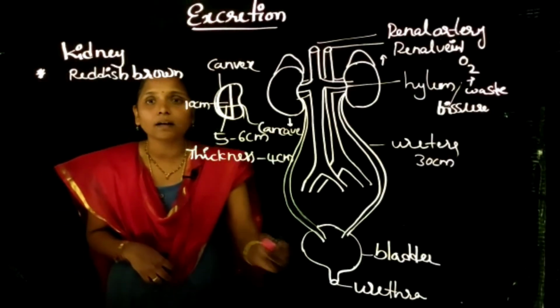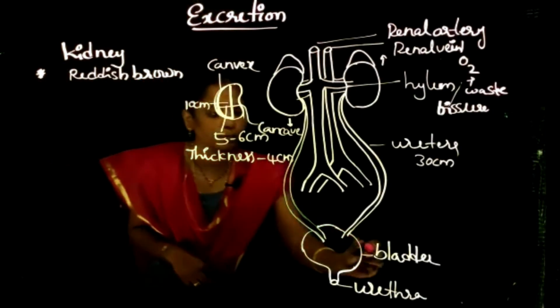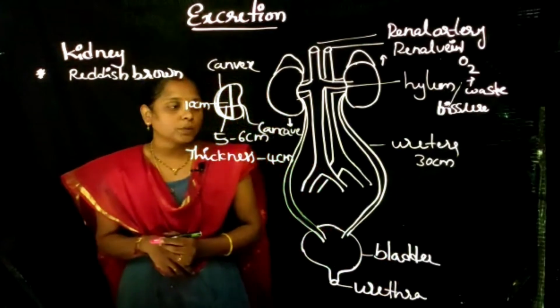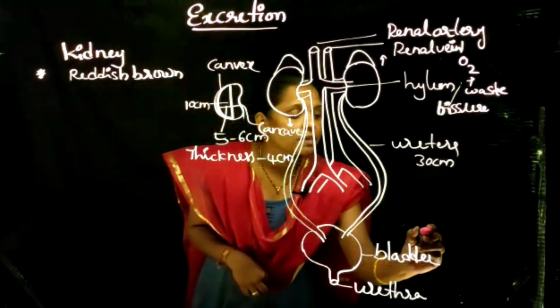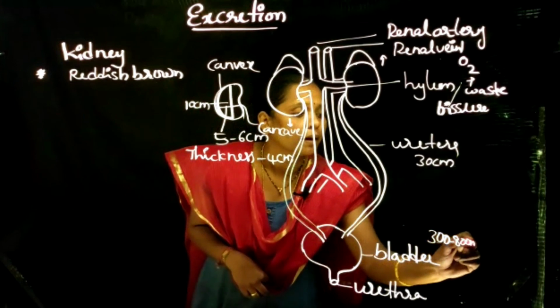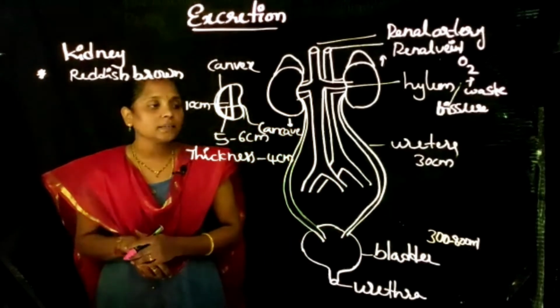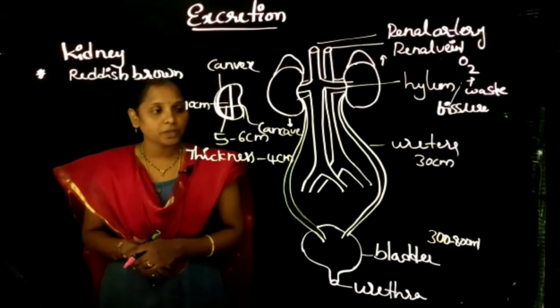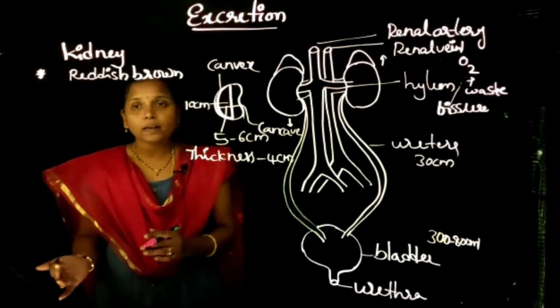One thing we have to discuss about the bladder here. Bladder capacity is nearly 300 to 800 ml, and it varies in male and female.